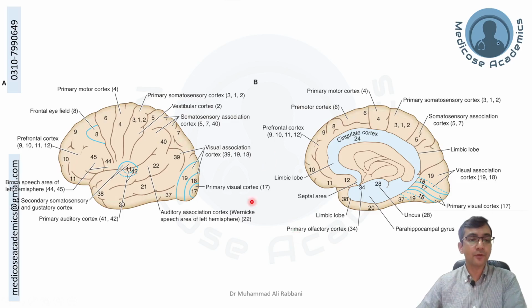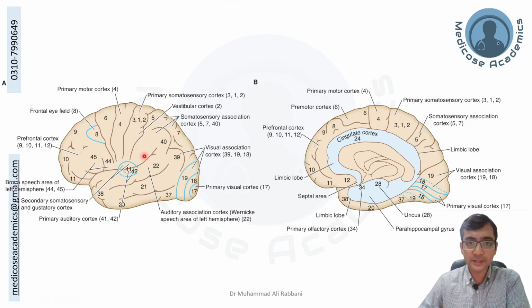So this is a picture from BRS neuroanatomy. It has shown different anatomically localized areas, and those are demarcated by different Brodmann's areas. Brodmann was a scientist who was the first one to give each area a specific numerical value based upon the particular histological appearance it had.